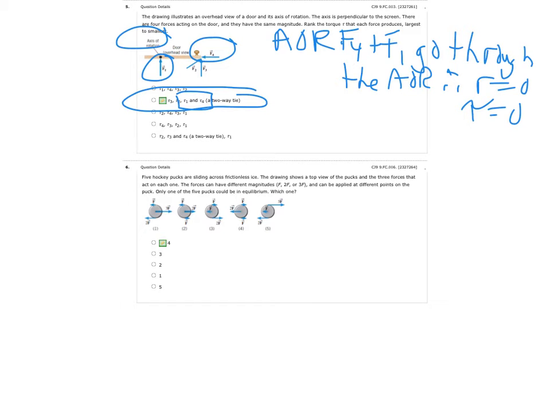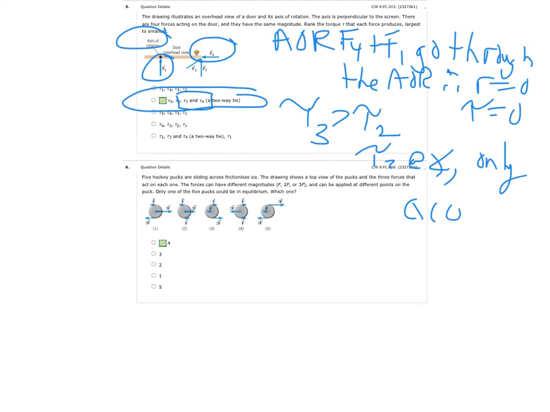Torque 3 is more than torque 4, so I guess we should say torque 3 is greater than torque 4. That does not look like a torque sign. Torque 3 is greater than torque 2 because torque 2 is at an angle, and so only a component of it creates torque.